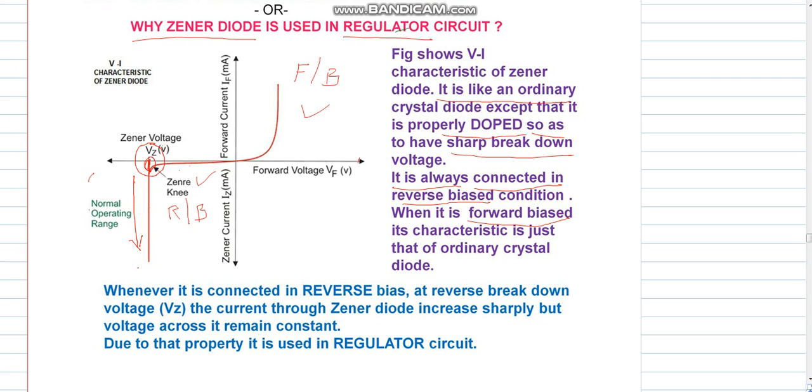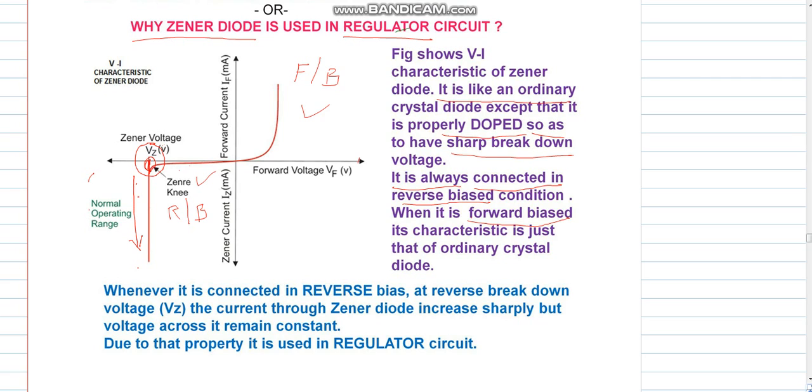Due to that property, the Zener diode is used in regulated circuits. So the VI characteristics of the Zener diode is shown here. It is a graphical representation of voltage and current.